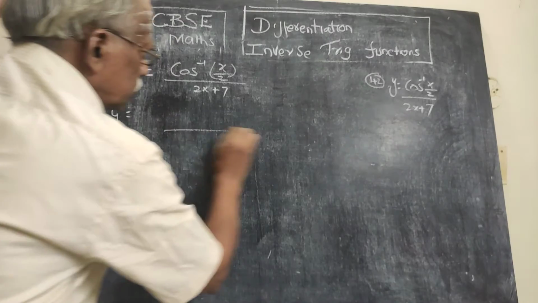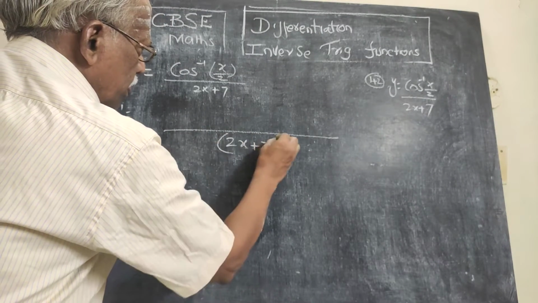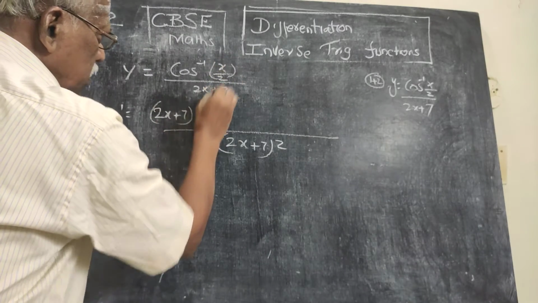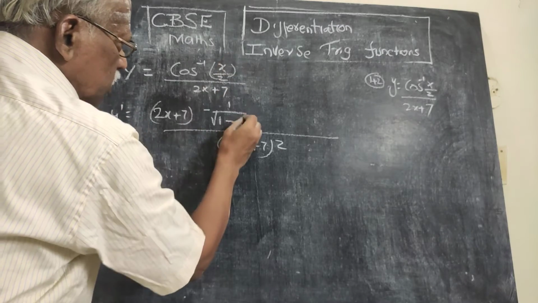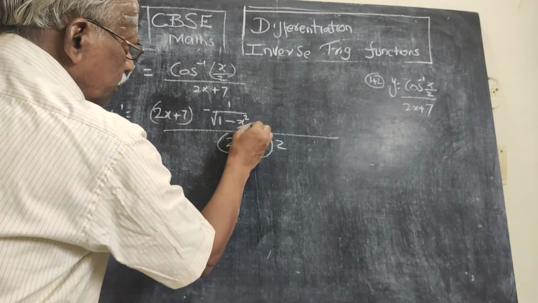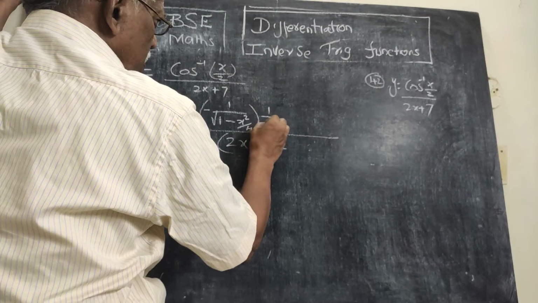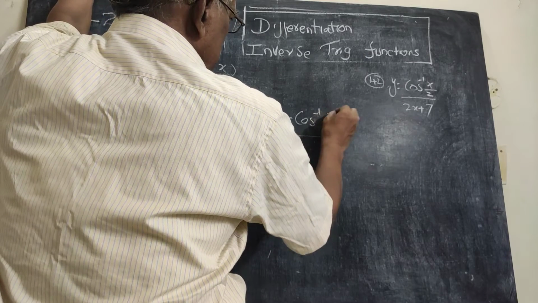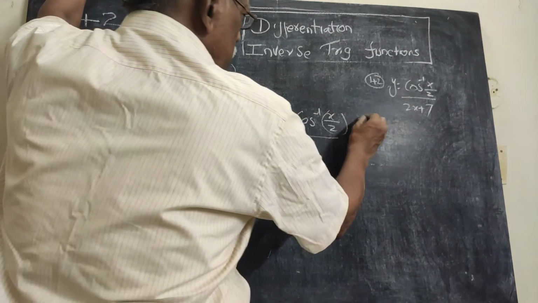Quotient rule, 2x plus 7 the whole square, then 2x plus 7 times differentiation of this, minus 1 by root of 1 minus x square, and then x by 2 on differentiation 1 by 2, minus cos inverse of x by 2, and this on differentiation 2.